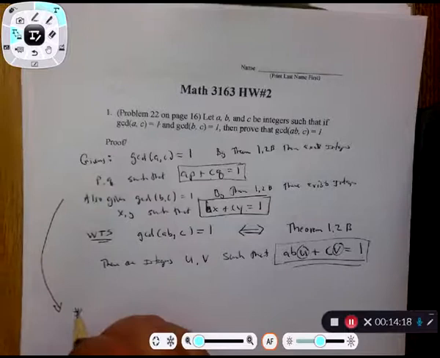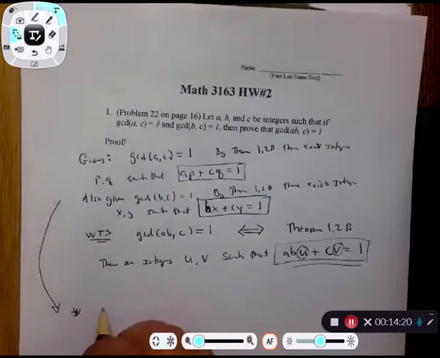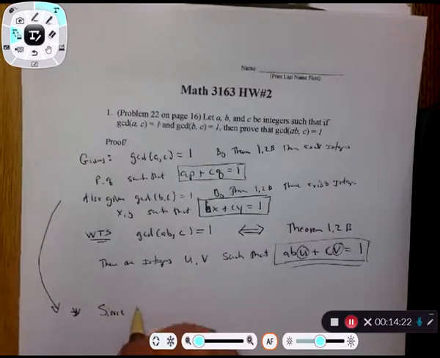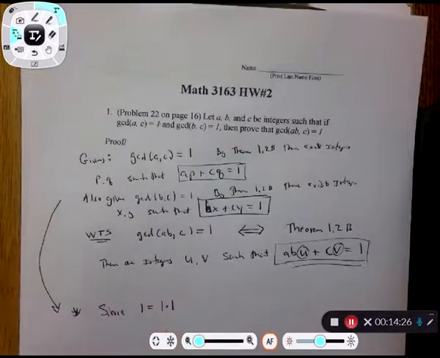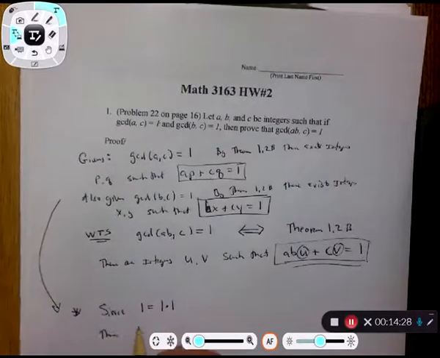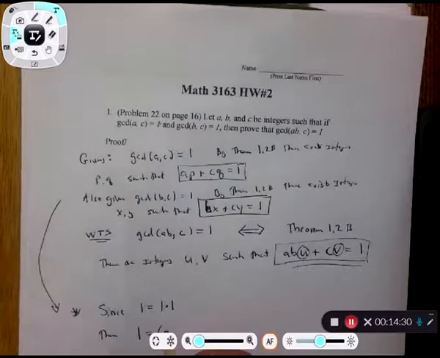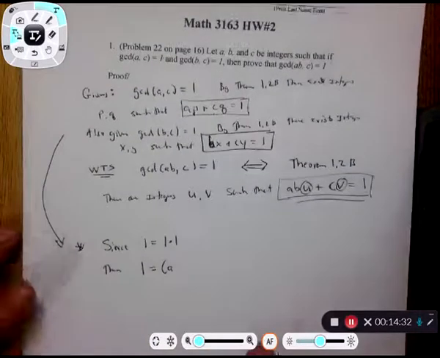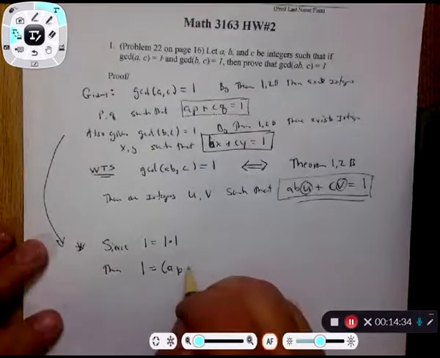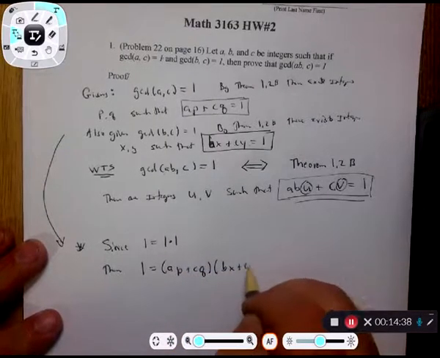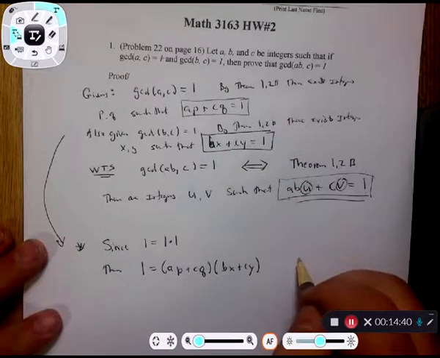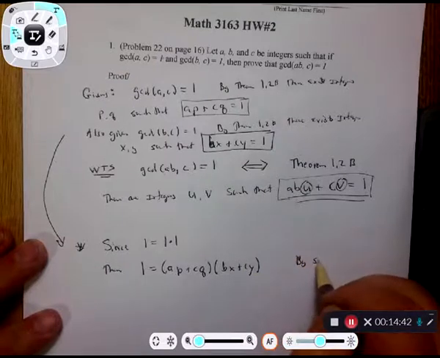Since 1 is equal to 1 times 1, then 1 is equal to AP plus CQ times BX plus CY. And that is just by substitution.